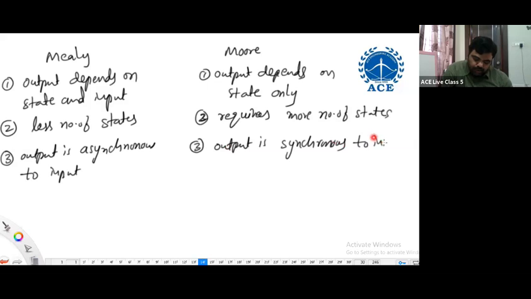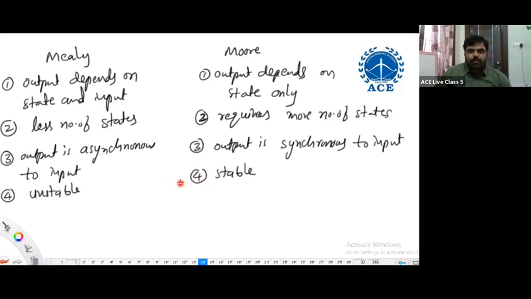I hope you are following. As the changes are affecting the output directly, Mealy is easily unstable. Comparatively, Moore has more stability. Compared to Moore systems, Mealy systems are unstable and Moore systems are stable. These can be the differences we need to observe.